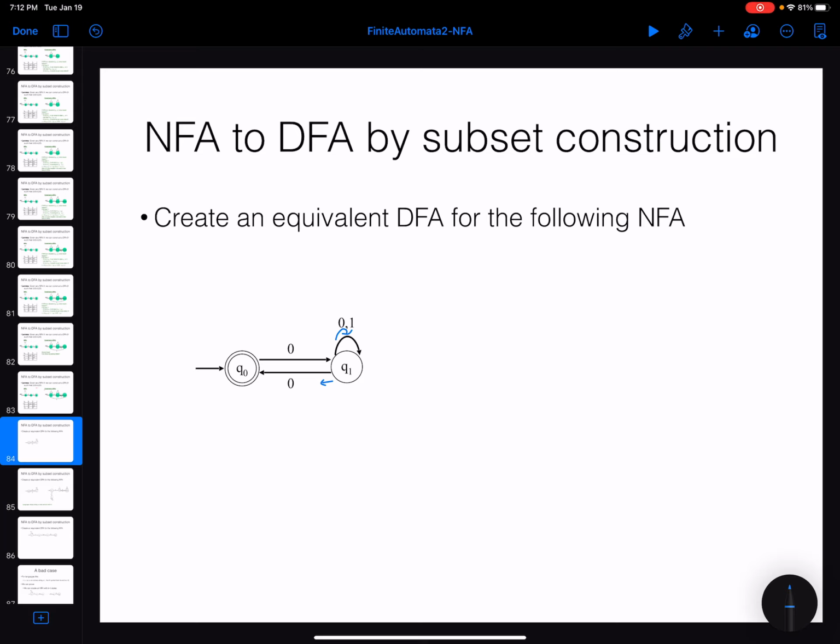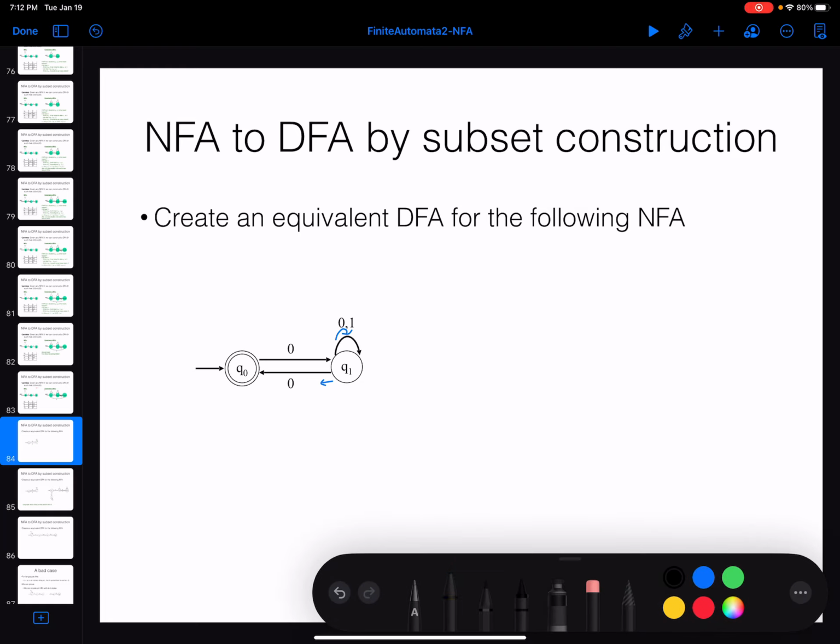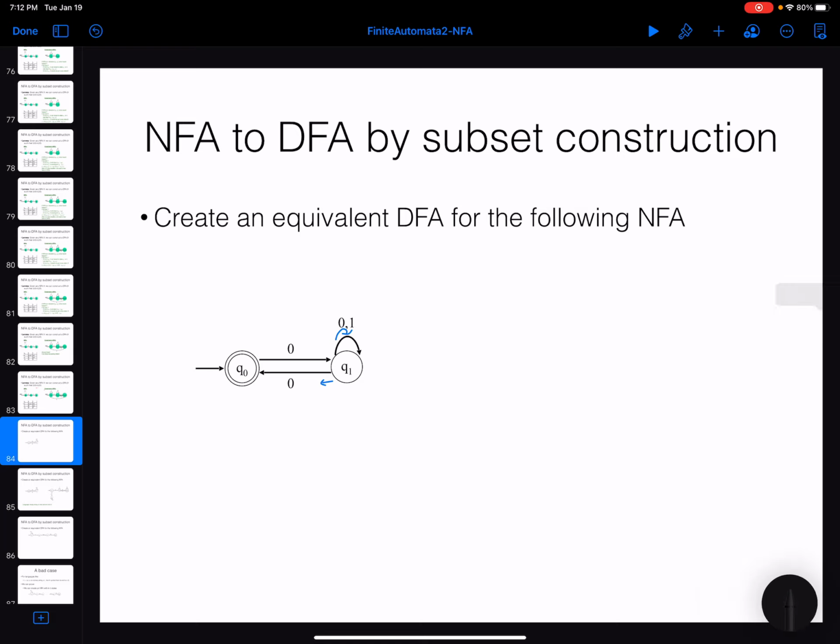Let me answer this question just as an example. You start at Q0, right? The very first possibility that you have in your non-deterministic finite state machine is being at the starting state.